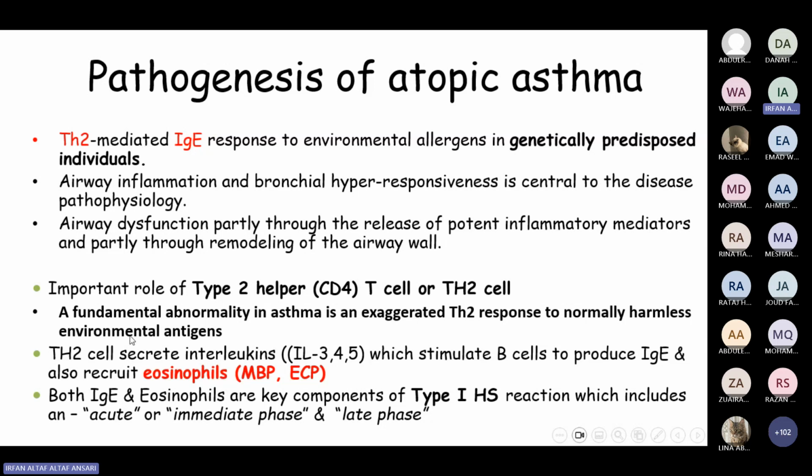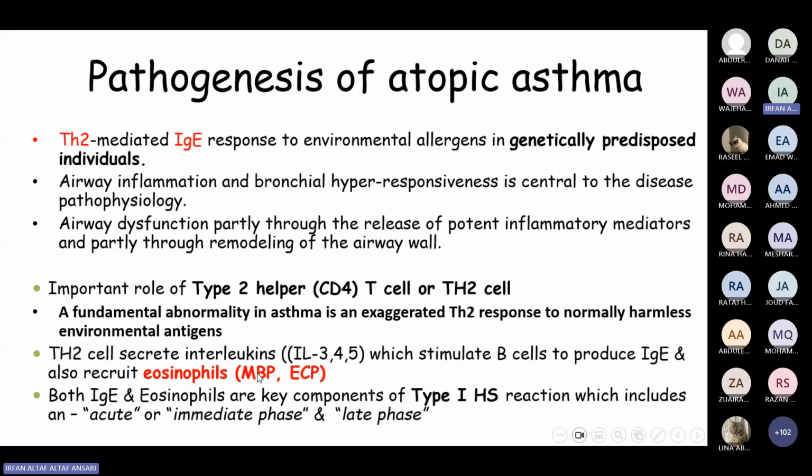So what happens? These type 2 helper cells secrete interleukins, especially interleukin 3, 4, and 5, which stimulate B cells to produce immunoglobulin E. These interleukins also help in recruitment of eosinophils. Eosinophils are the principal inflammatory cells of asthma. How do these eosinophils cause bronchoconstriction?